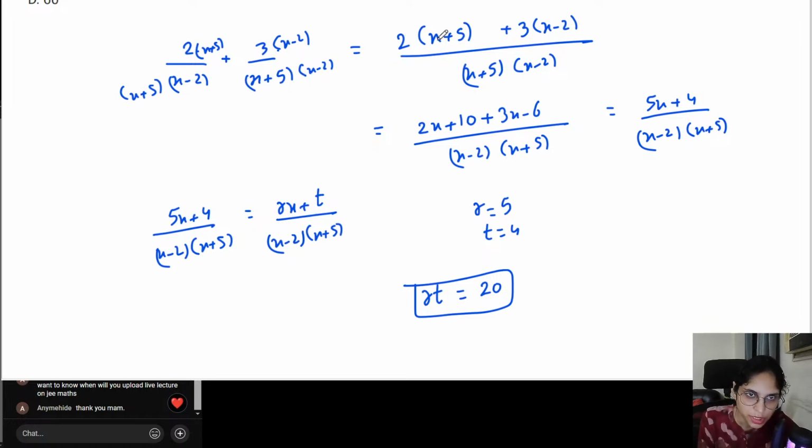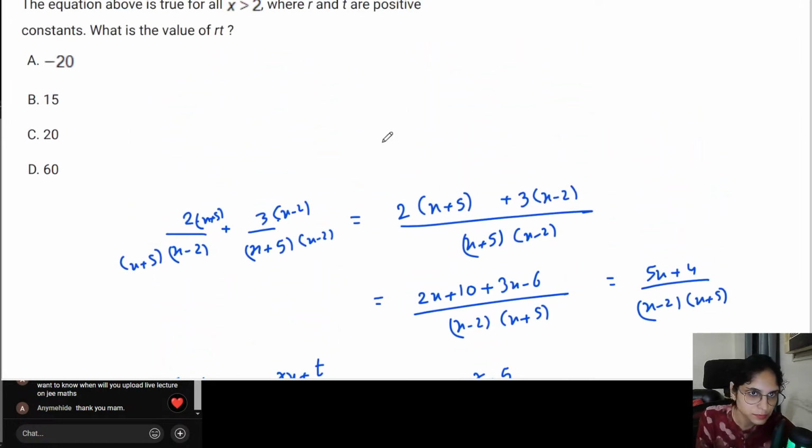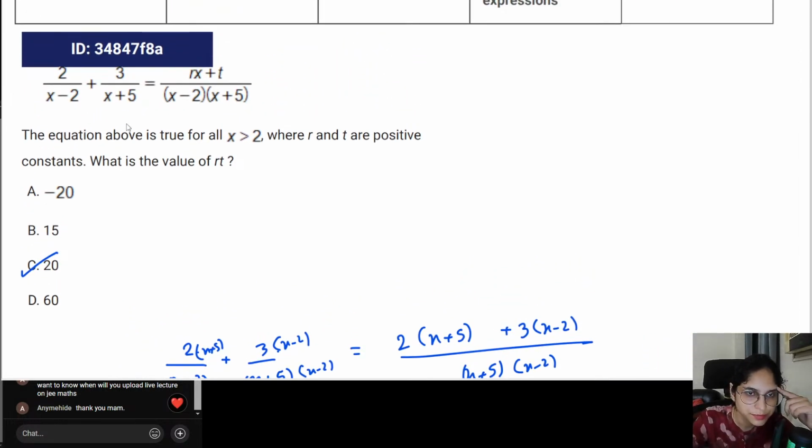Now you simplify the numerator. 2 times x plus 5 plus 3 times x minus 2, 2x plus 10 plus 3x minus 6. Combine the like terms. 3 plus 2 is 5x, 10 minus 6 is 4, 5x plus 4. And now there's an equivalent expression given to you. You compare them. You can see R is 5, T is 4. We want the value of R times T. 5 times 4 is 20. So that is how we are solving this one.